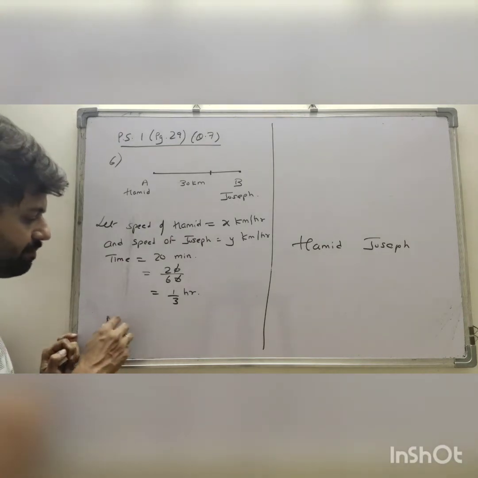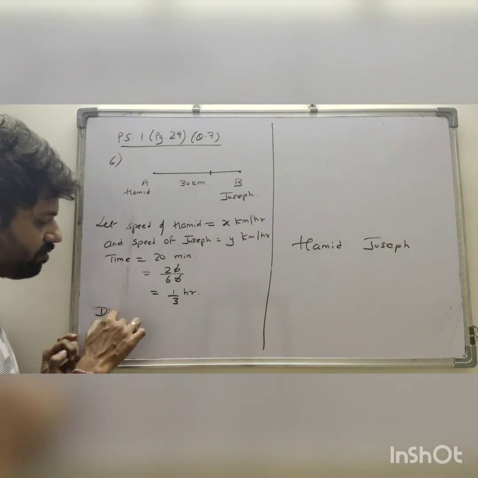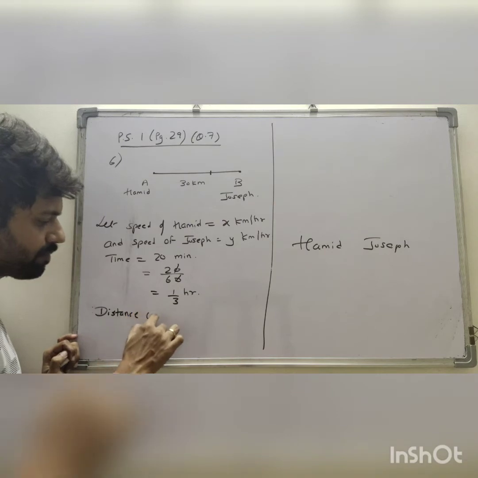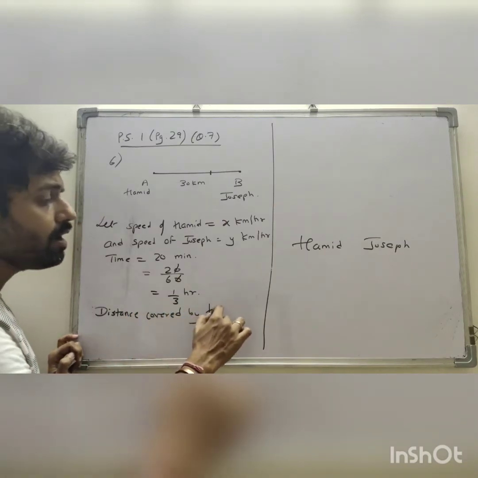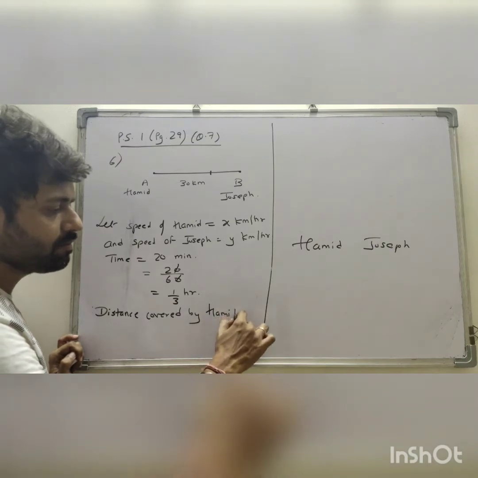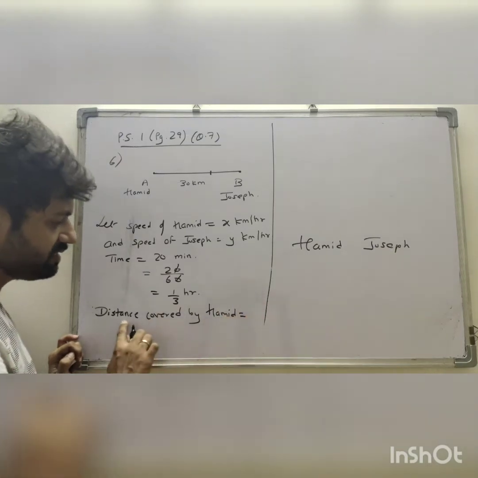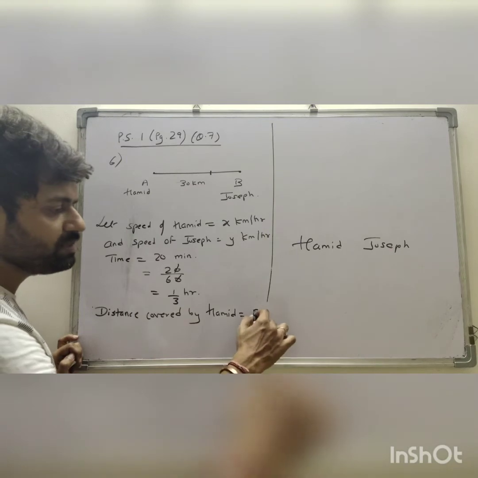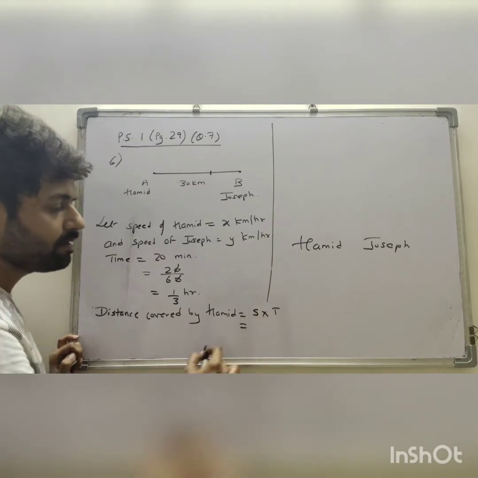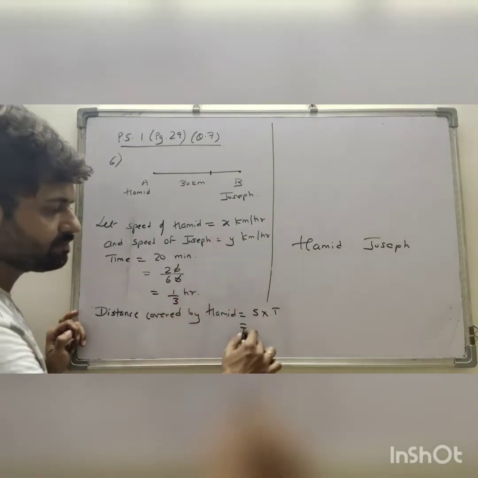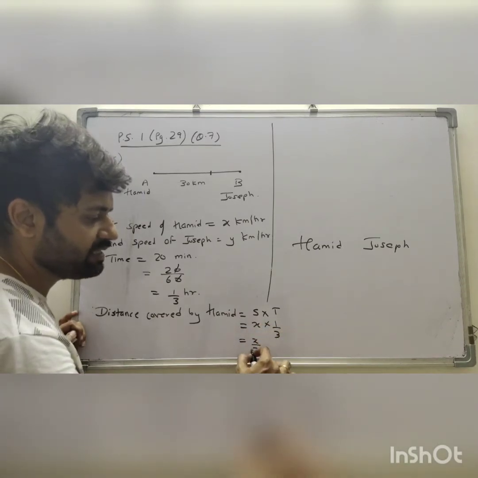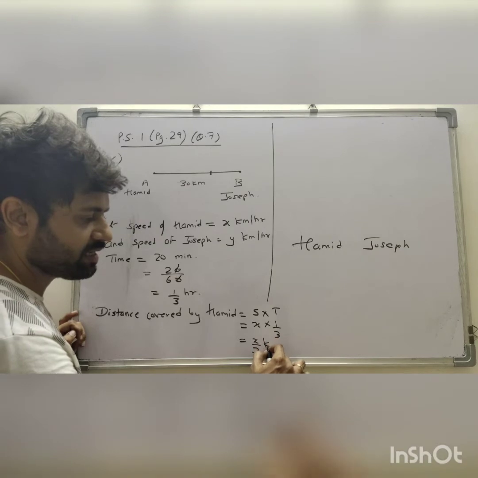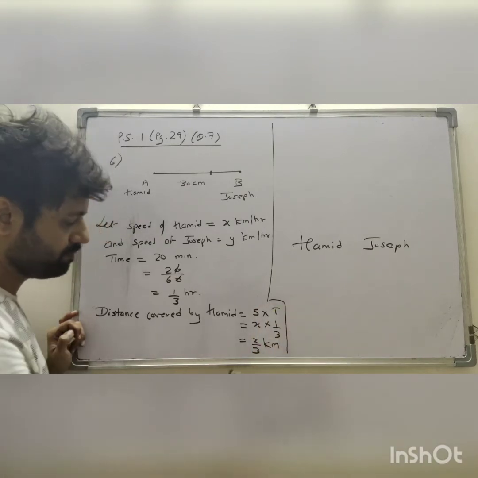With this common time, let me find out the distance covered by Hamid. We know distance is equal to speed into time. Speed is x into 1/3, that is x/3 kilometers.